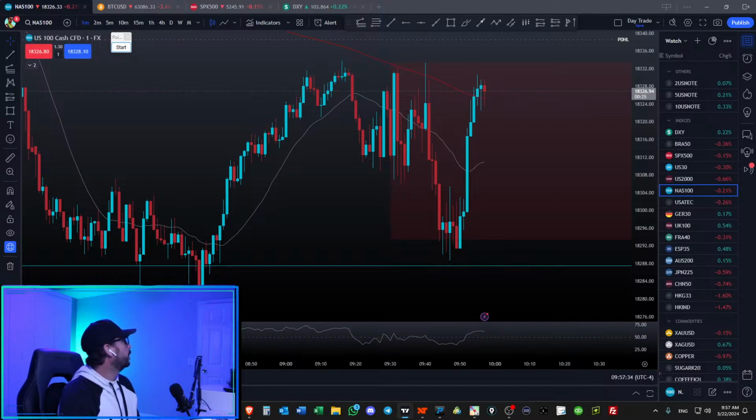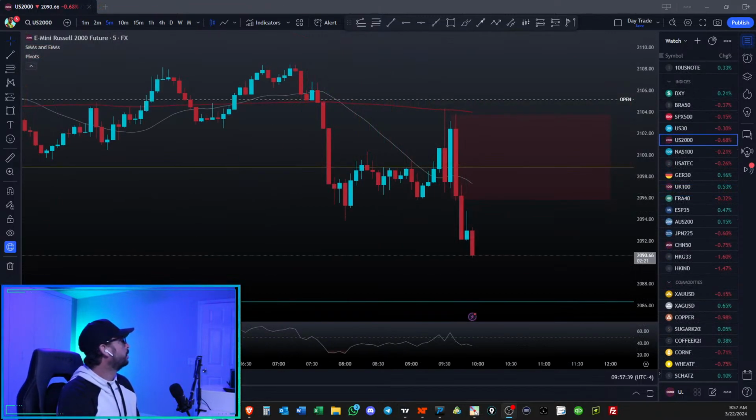Let me show you guys what I see on the Russell 5-minute. So I like this. This was around the opening. I marked this area which conflicts with the pivot point. Mark this area, conflict with the pivot point.